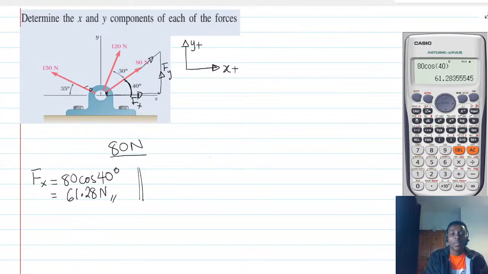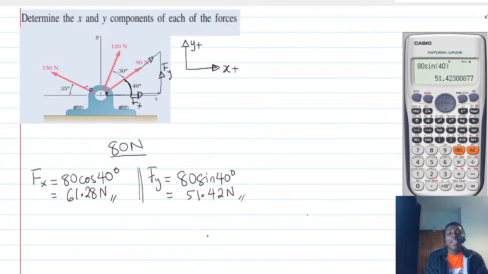So then Fy is also going to be 80 sine 40 degrees. And what is that? So 80 sine 40. So basically that's also 51.42 newtons. Very good.